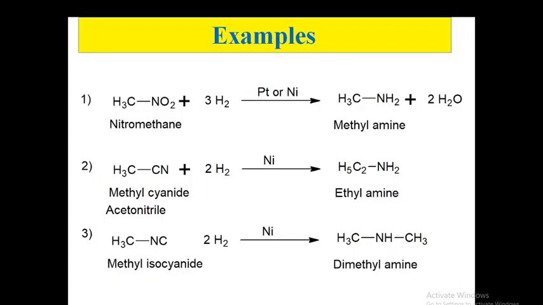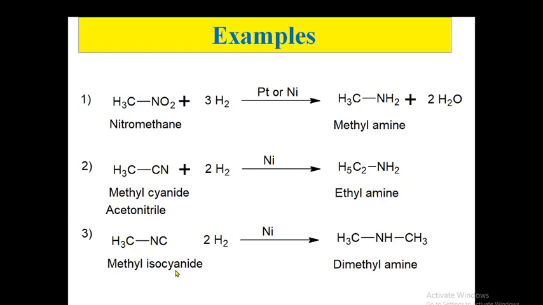Let's see some examples. If you have nitromethane and you reduce this in the presence of platinum or nickel catalyst, you will get methylamine as a product. If you have methyl cyanide, that's acetonitrile, on reduction the C triple bond N will be reduced to ethylamine.